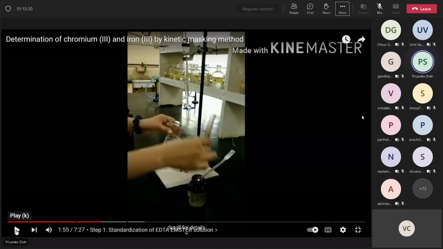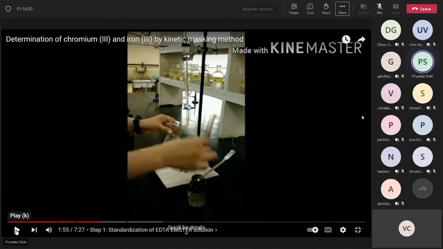Okay, one part that was remaining to explain. As we repeatedly use EDTA as the titrant, you have to standardize it. When you use HCl and NaOH, you mainly use KHP, that is potassium hydrogen phthalate, as a primary standard. For EDTA standardization, you can use a standard salt solution like zinc sulfate, zinc nitrate, magnesium sulfate.